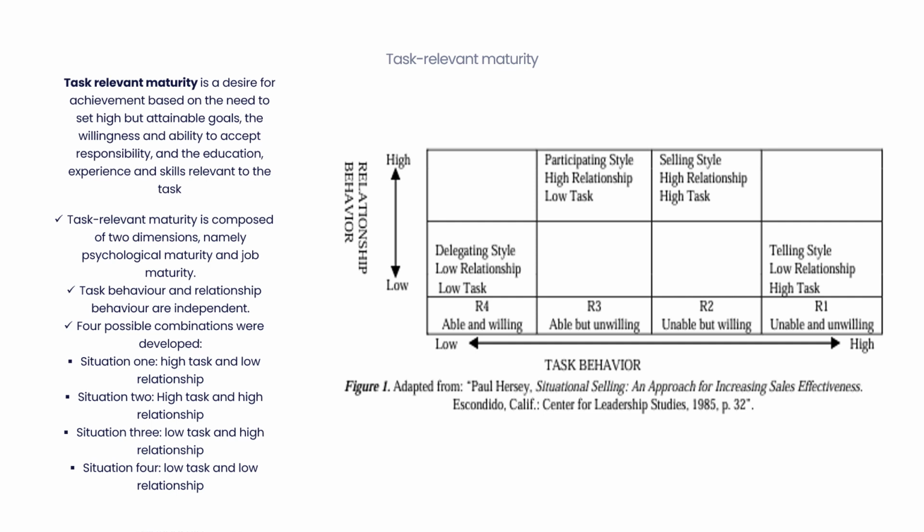Let's start with the first one, where everything is low. That is the left hand side, the bottom cell, R4. When we have low relationship and low task, here they say that is the delegating style.